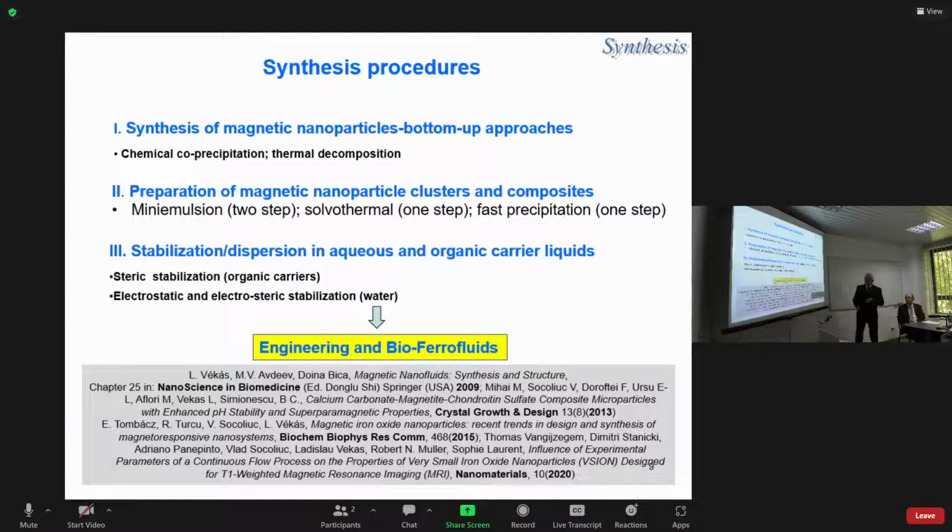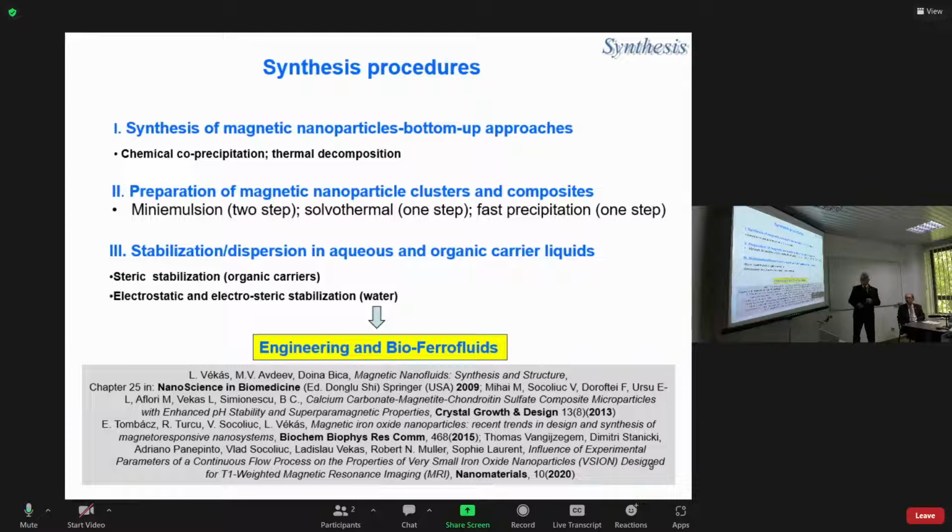Okay, clusters, because we have seen that most of today's bioferrofluids need clusters. The clusters can be prepared by a mini emulsion process using ferrofluids, that is, single particles in a mini emulsion process to make clusters.